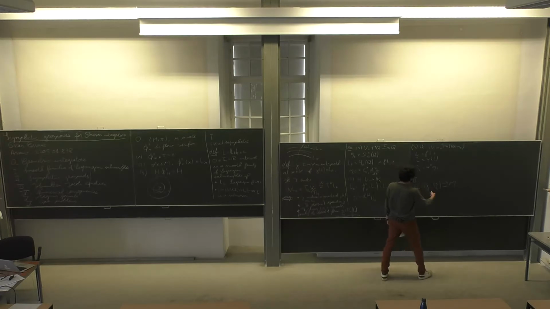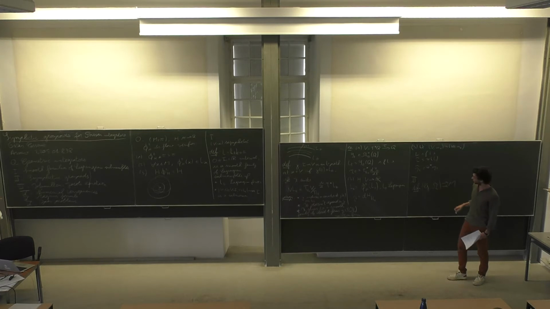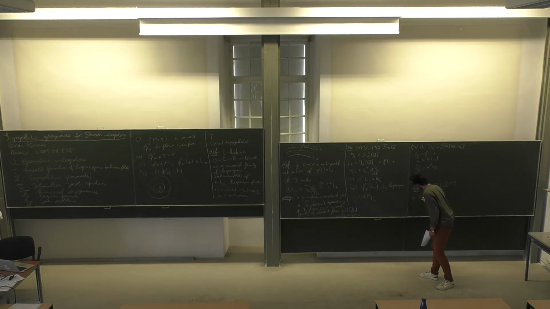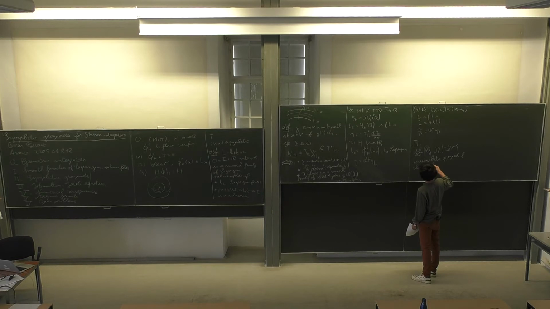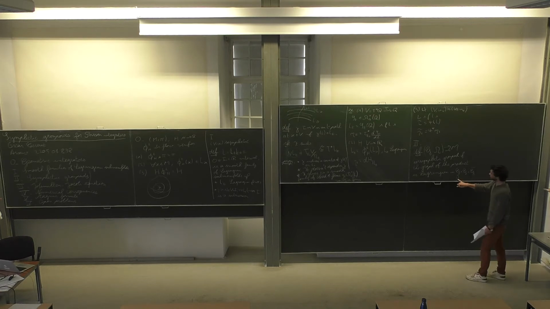So let's say that a symplectic groupoid is a Lie groupoid with a symplectic form on the space of arrows, such that the graph of the product is Lagrangian in G times G times G bar, where here we put the symplectic form on G, here again, and here minus the symplectic form.